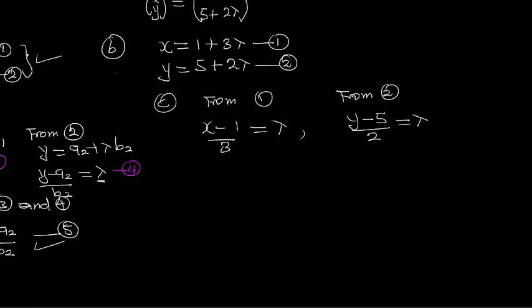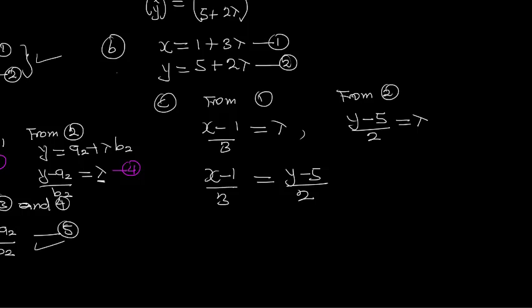Since these two expressions are equal to lambda, we can equate them. So we say that x minus 1 over 3 is equal to y minus 5 over 2. This is the Cartesian form of the vector equation of a line.